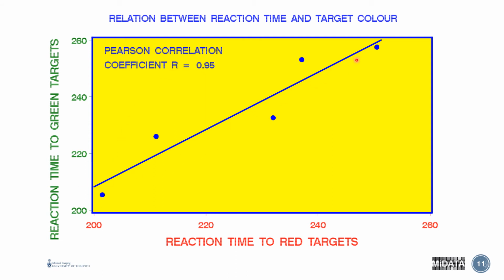And there you go. Obviously here it's very clearly indicated by this line between the data that there is a strong linear relationship, and in this case a positive linear relationship, between the two target colors.